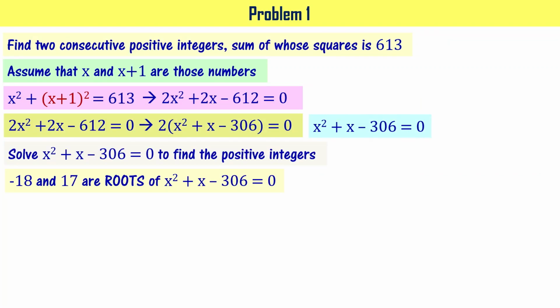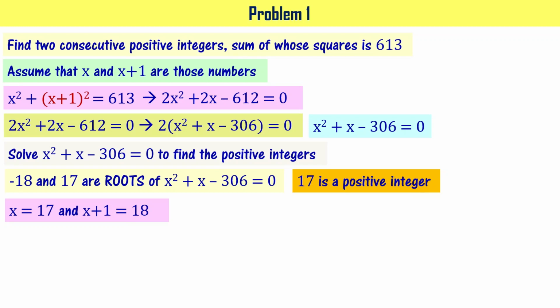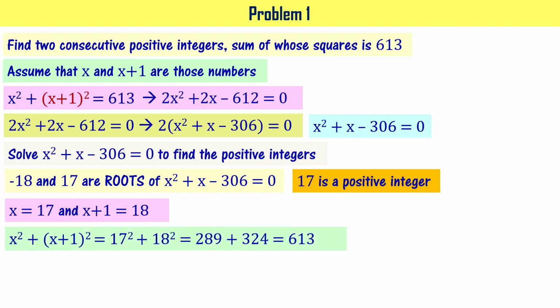Here we are looking for positive integers. That's why minus 18 can be omitted and you can take 17 as the positive integer we are looking for. If x equal to 17, then x plus 1 equal to 18, right? Let's try to verify whether the sum of the squares of these two positive integers is going to be 613 or not. x square plus (x plus 1) whole square can now be written as 17 square plus 18 square.